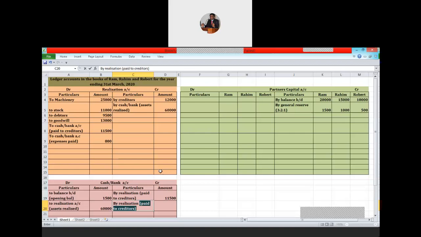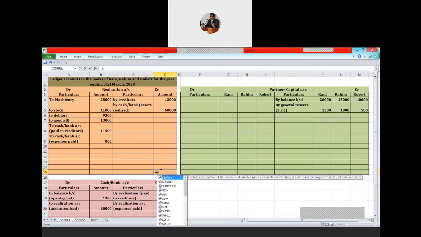The next step is to close the realization account. So check the credit and debit balances of the realization account. The credit side balance of realization account is 72,000.